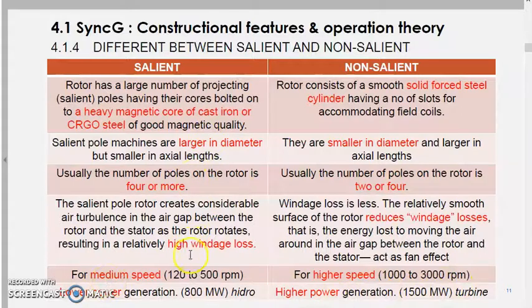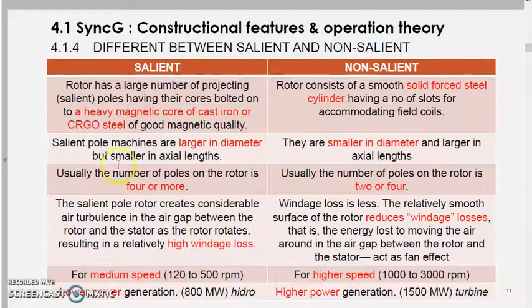In terms of power rating, the salient pole is usually used in hydro power machines or generators, which can produce up to 800 megawatts, so it's considered low power generation compared to higher power generation, which can reach up to 1500 megawatts. The turbine is usually used in wind turbines and gas turbines, and so we use non-salient pole machines or generators. Salient pole is usually used in hydro turbines, the old windmill turbines, like what we have in the Dutch country.